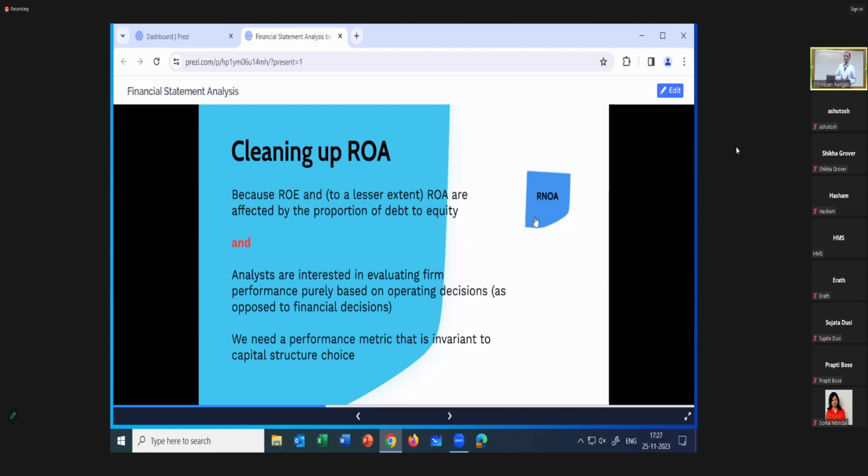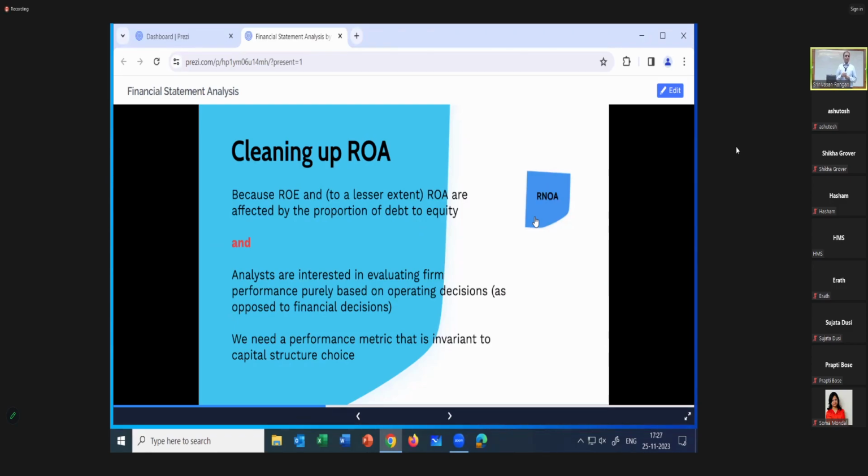This third ratio for profitability evaluation is return on net operating assets, RNOA. What it does is it improves on ROA. Now ROA has two main defects. One, like we discussed, is that the denominator for ROA is total assets, and the numerator for ROA is net profit.